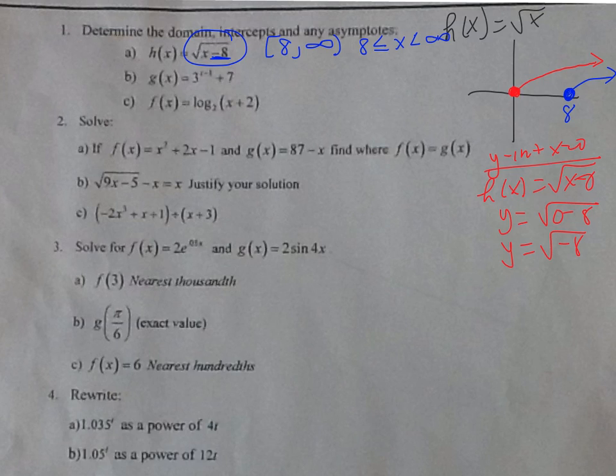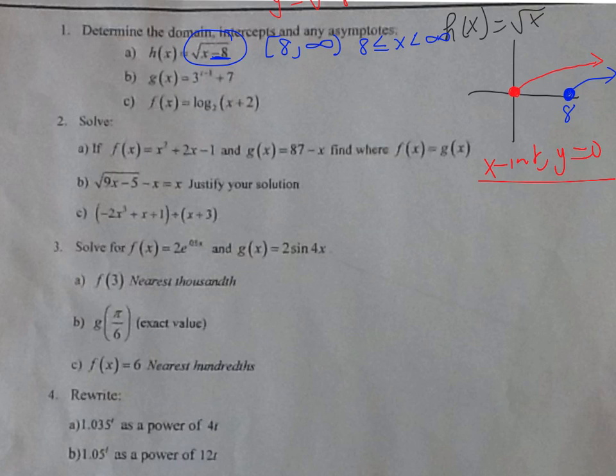All right, however, there is an x-intercept. I mean, we could see it right there. So let's find that x-intercept. So remember, for the x-intercept, y is equal to 0. So I have 0 is equal to the square root of x minus 8. To get rid of a square root, you square both sides.